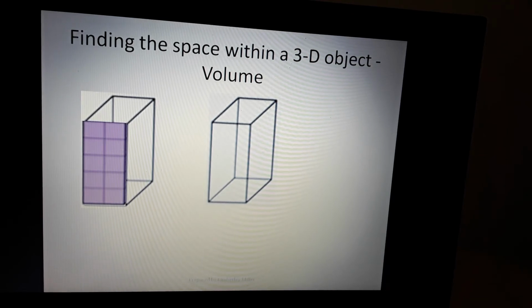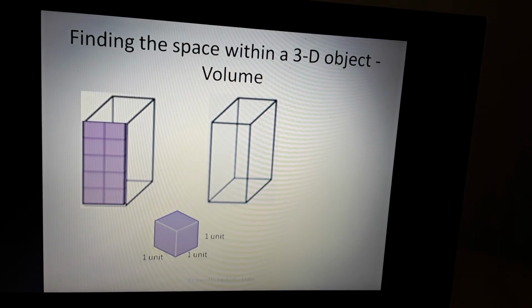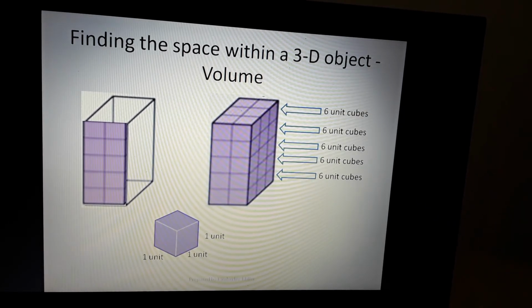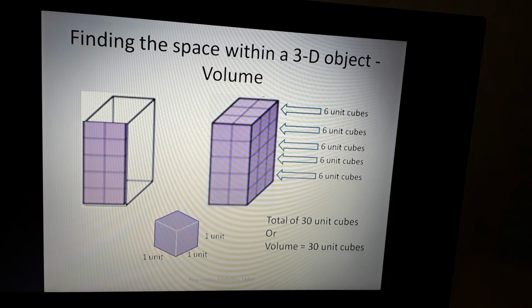Now instead of counting the number of squares, we are now going to count the number of unit cubes that can fit within this three-dimensional object, and this is a cuboid. So let's start counting. So this layer is 6, and we have 5 layers of 6, so the total number of cubes is 30 unit cubes. So the volume is 30 unit cubes.